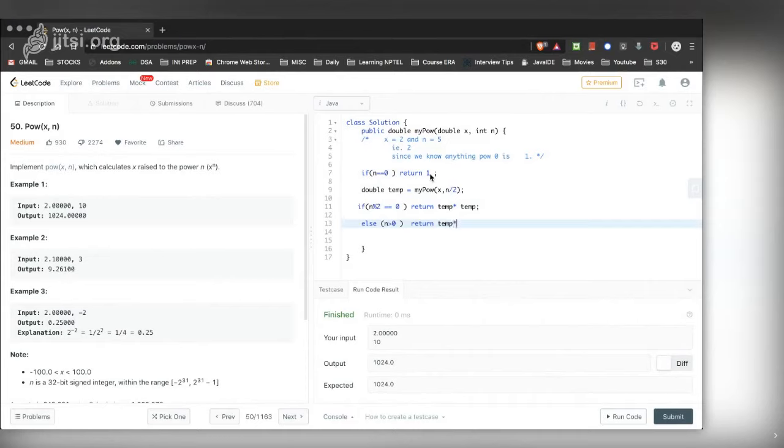So we can return this as 2 power 2 into 2 power 2 into 2, because we already calculated that if n is equal to 5, then 5 by 2 is equal to 2, and again we'll call this function again. 2 by 2 is equal to 1.